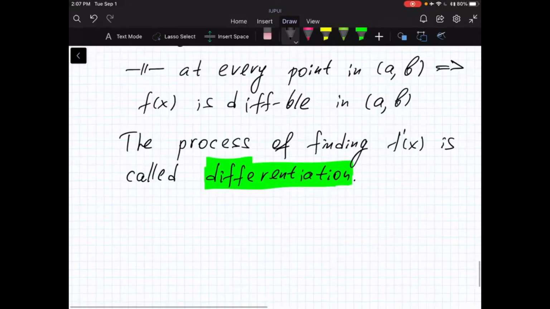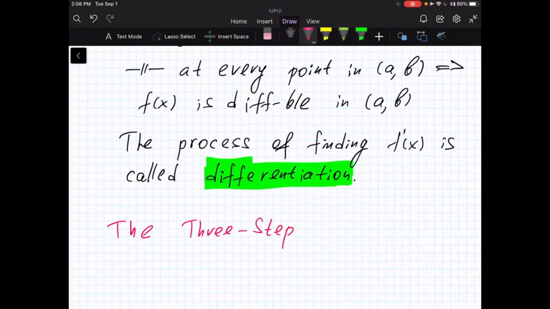So again, there is a four-step process in the textbook for how to find the derivative. Actually, I don't understand why it should be a four-step process, so I will do a three-step process. But if you like four steps, you can look at the book. The three-step process.